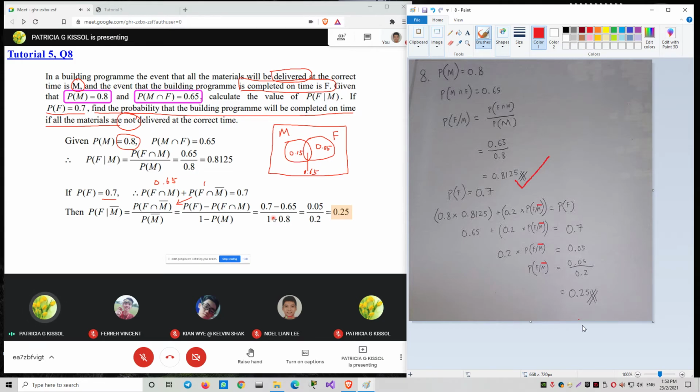But let's say your value is incorrect and you didn't write the formula, it's very hard for me to identify what you got wrong. I can still check, but preferably you write the formula, especially like this one, conditional probability, write it down.